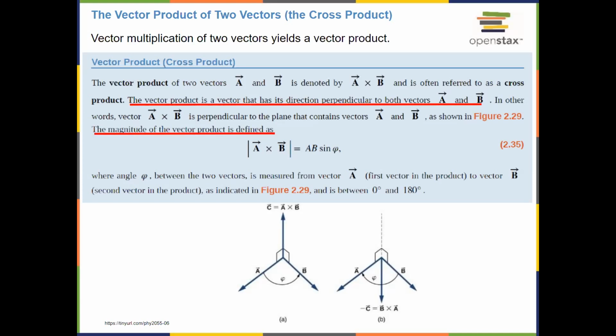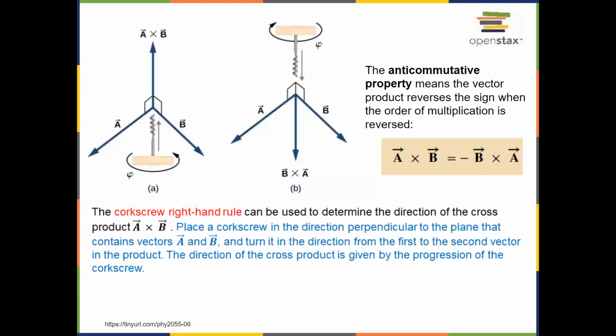A cross B equals minus B cross A. You get different directions, but the magnitude of the two is still the same. Now, direction-wise, it's called the corkscrew right-hand rule. Imagine you are opening the cork of a bottle. This is how you define it.